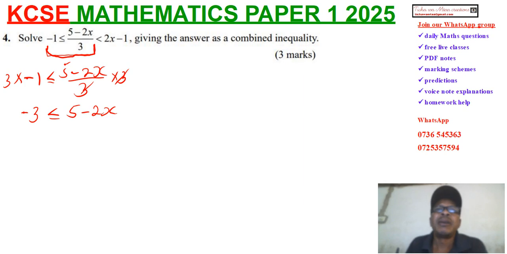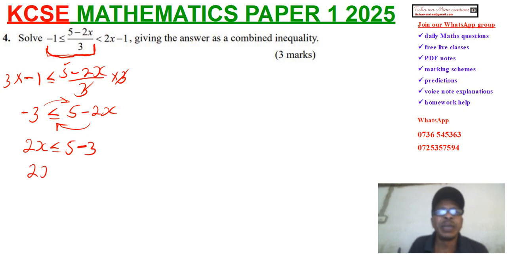Now let's take minus 2x to the other side and minus 3 to the other side. So we have 2x less than or equals to 5 minus 3.